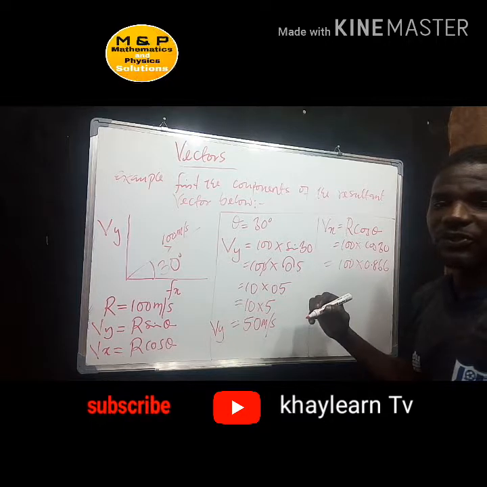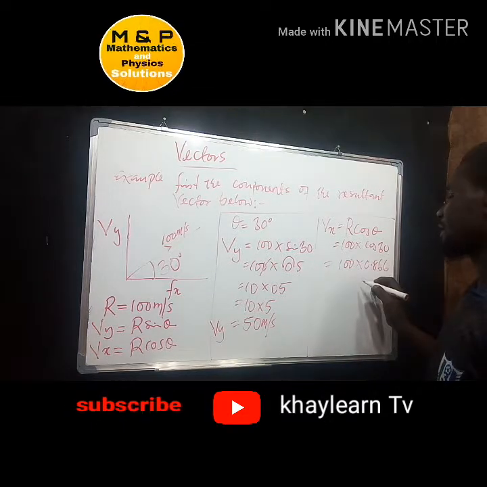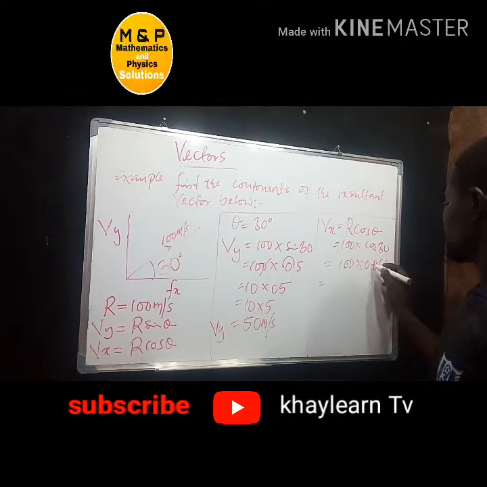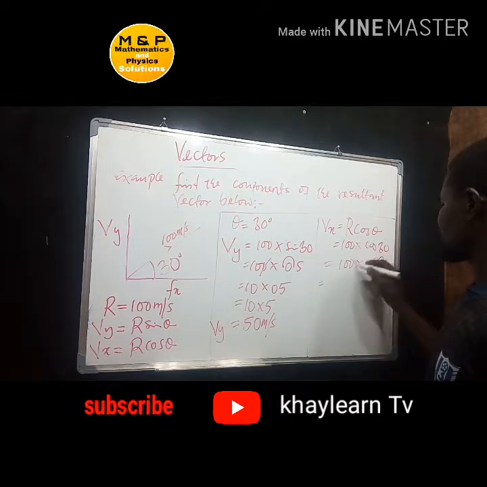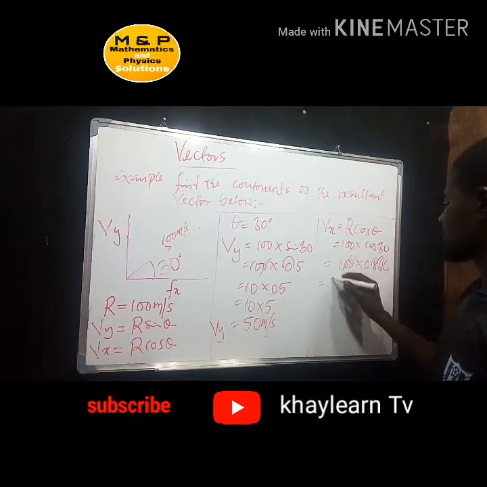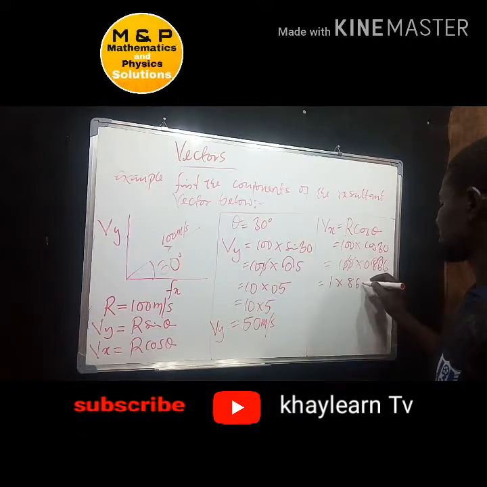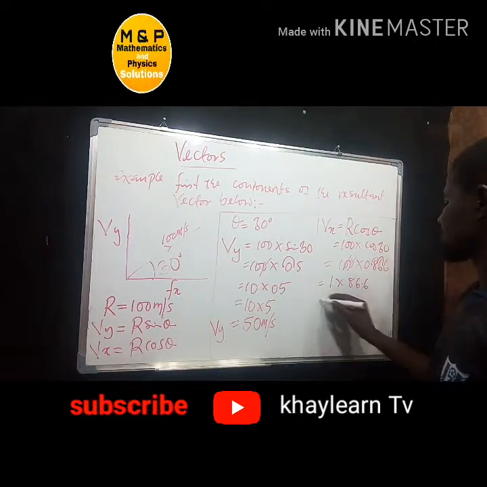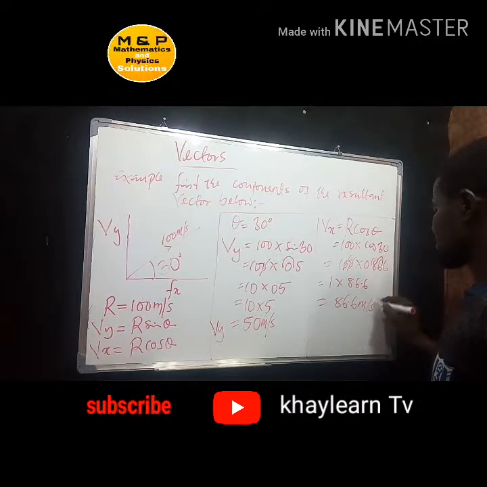Those with a calculator can punch it and see that cos 30 is always 0.866. So what we have is 86.6 meters per second.